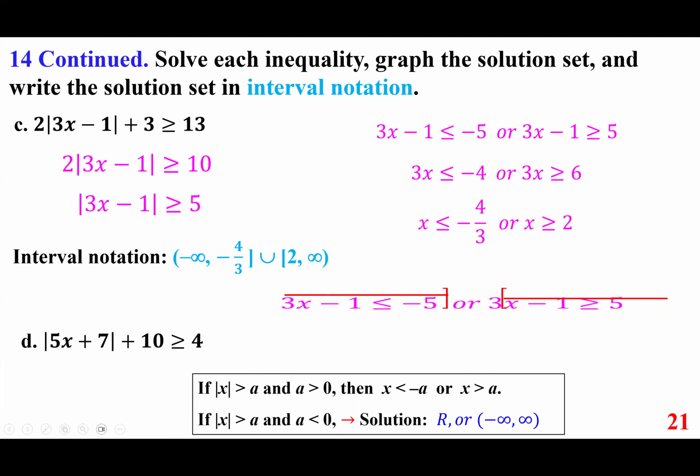Absolute value of 5x plus 7 plus 10 is larger than or equal to 4. We have to move this and it becomes negative. And as we mentioned, if a is less than 0, the solution is all real numbers. So very straightforward.